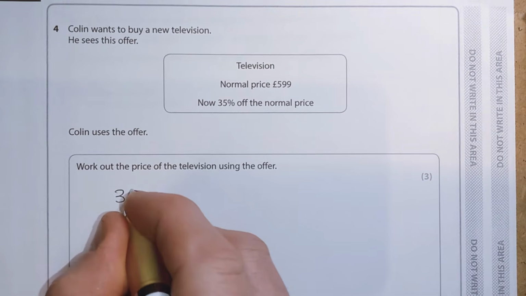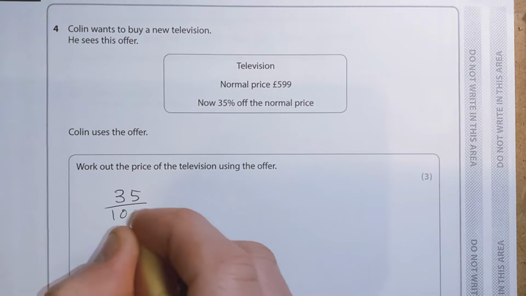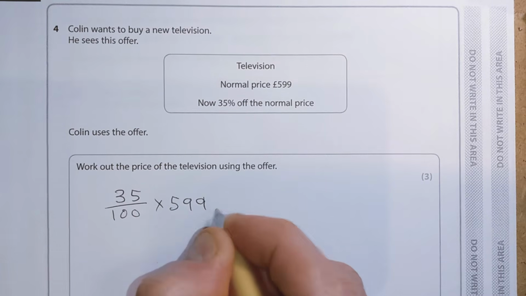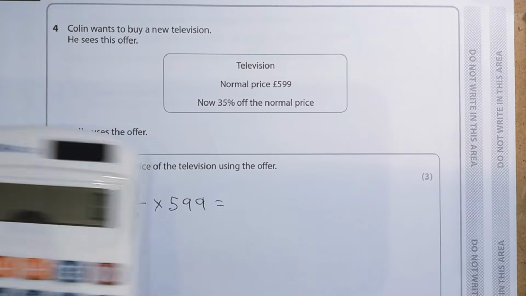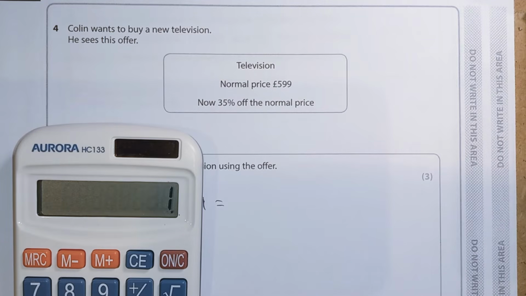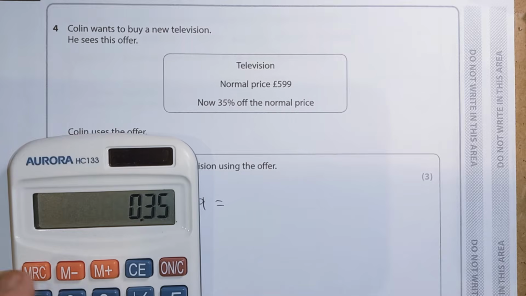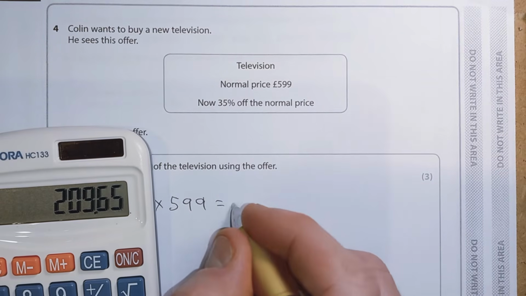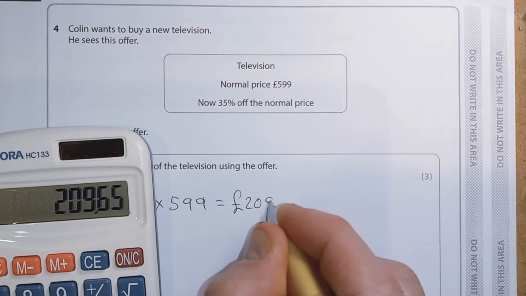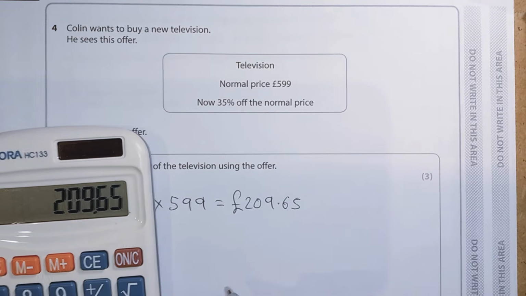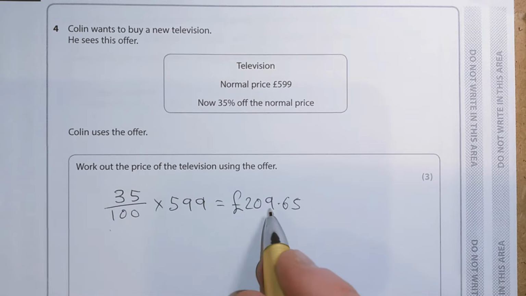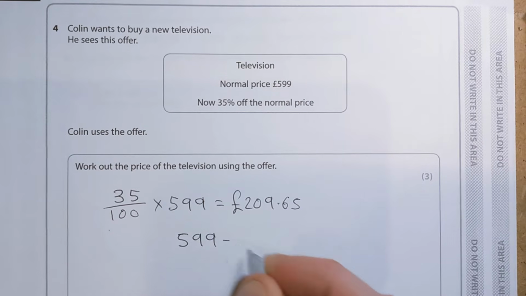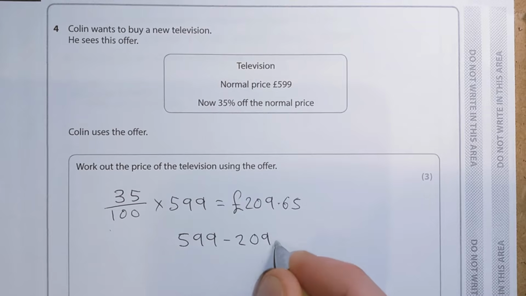So for 35%, we want 35 divided by 100 and multiply it by the 599. Which gives us £209.65.